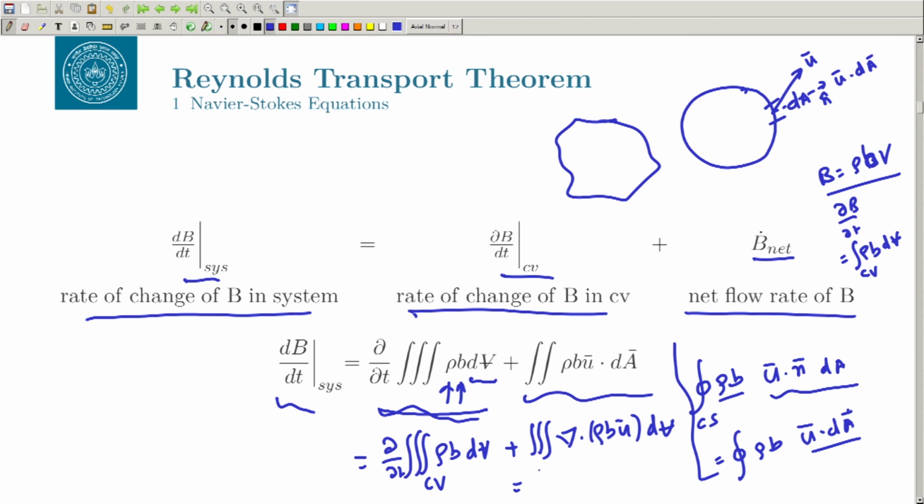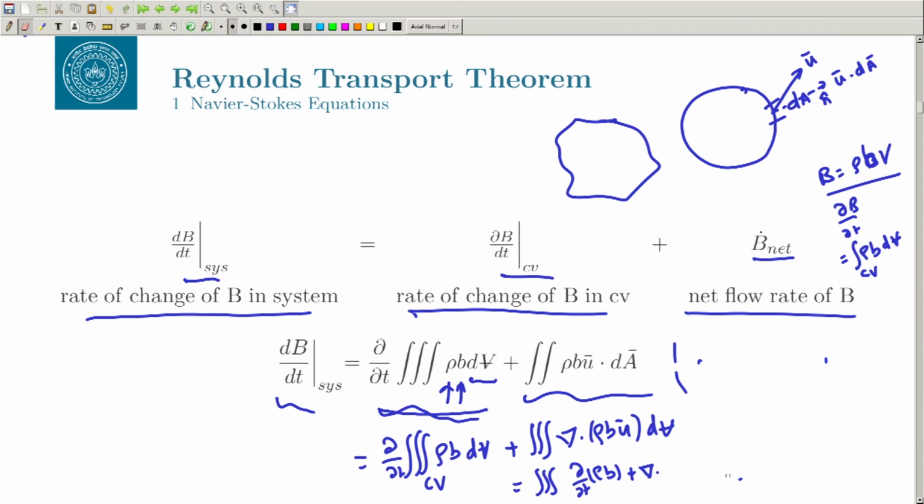Then this expression will be the integral of del by del t of rho b plus del dot rho b u, dV. So, this is your relation, this is for the control volume and this is for the system.